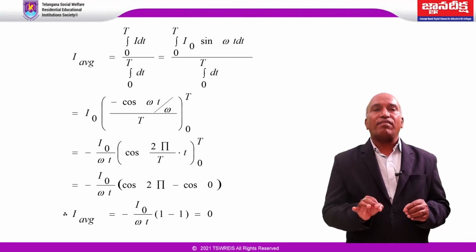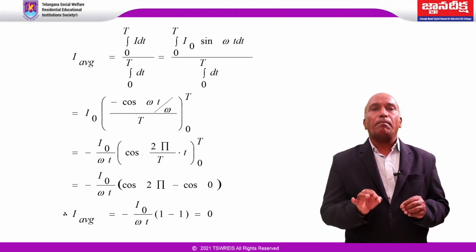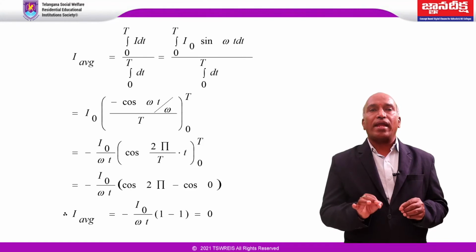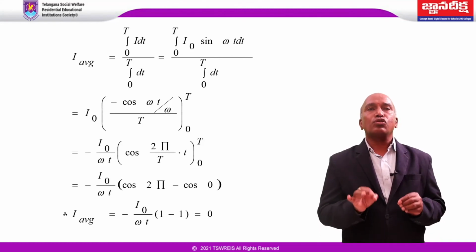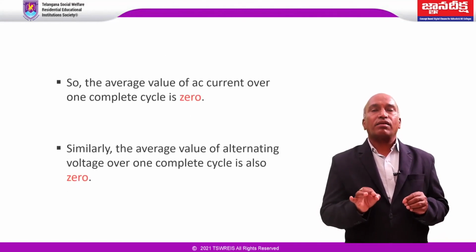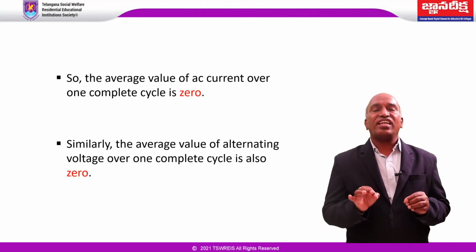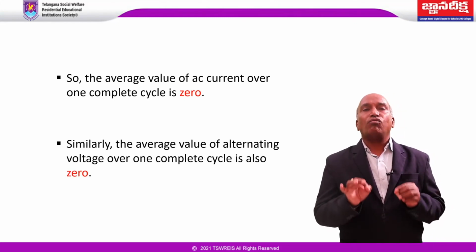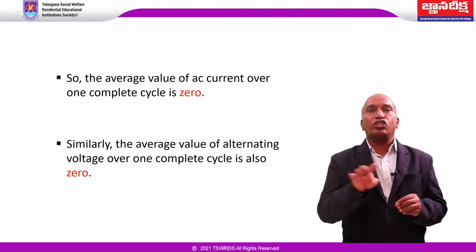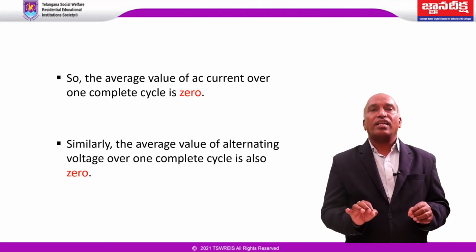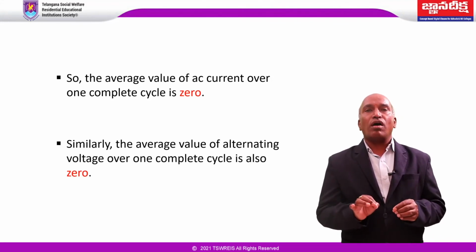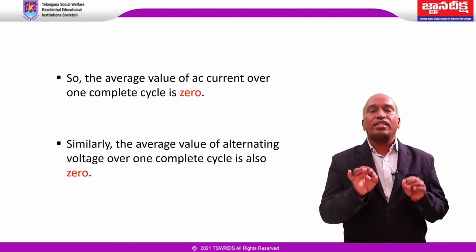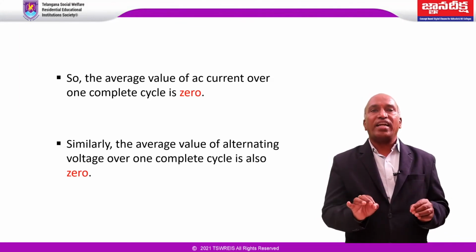Therefore, I average = −(I₀/ωT)(1 − 1), that is equal to 0. So, the average value of AC current over one complete cycle is 0. Similarly, the average value of alternating voltage over one complete cycle is also 0.